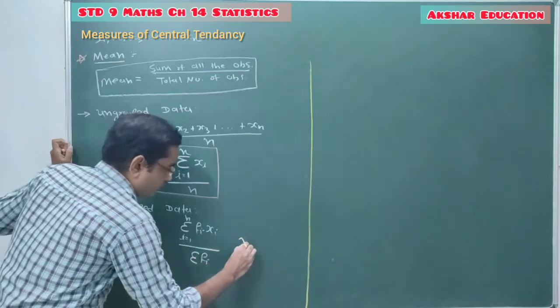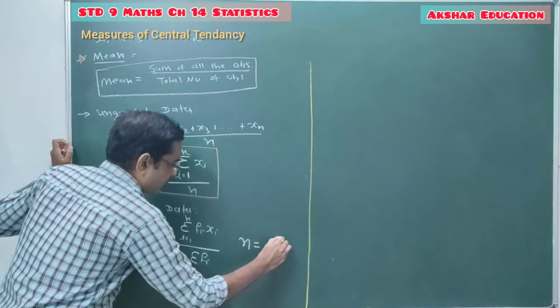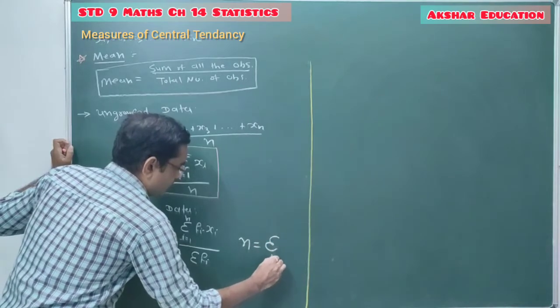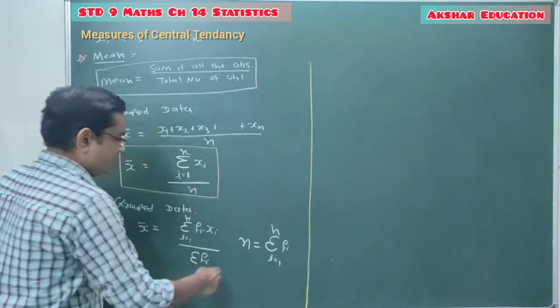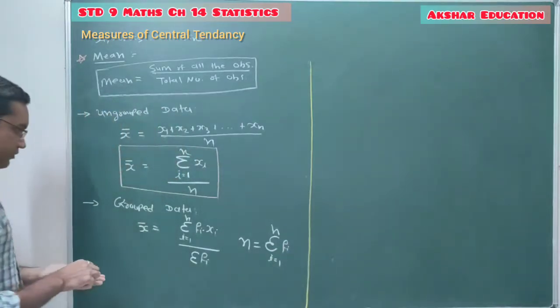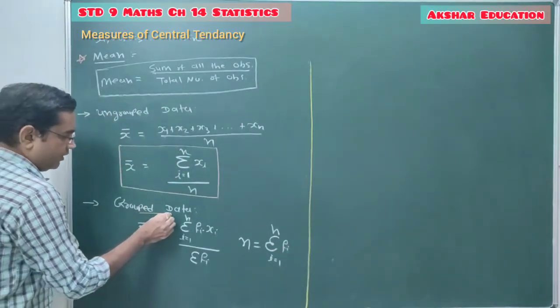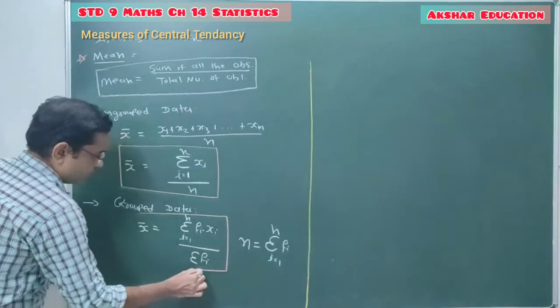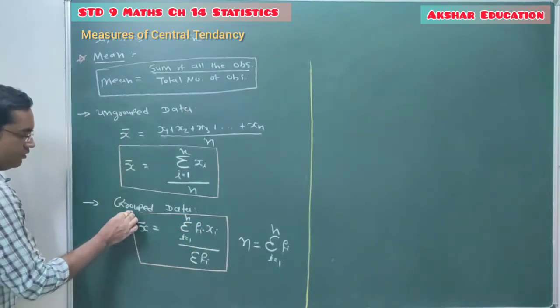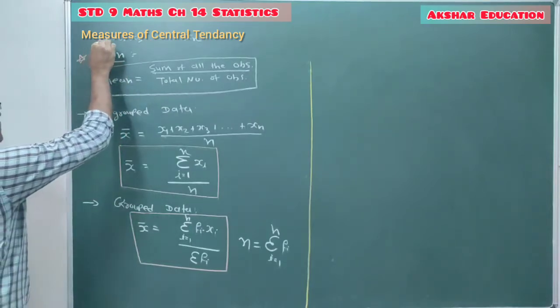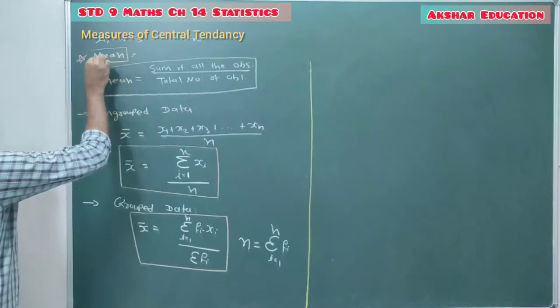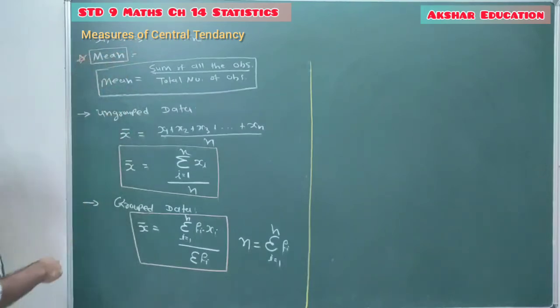So here your total number of observations n is nothing but sigma i equal to 1 to n fi. Clear? So this is the formula to find the mean for grouped data. So you have to remember these two formulas to find the mean of any given data. This is the first measure of central tendency of any given data.